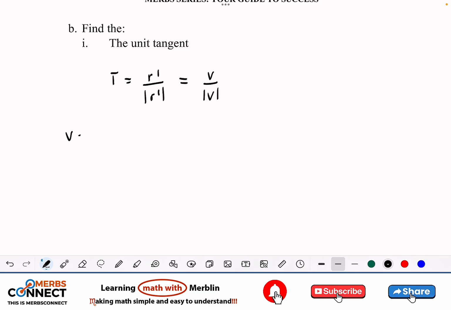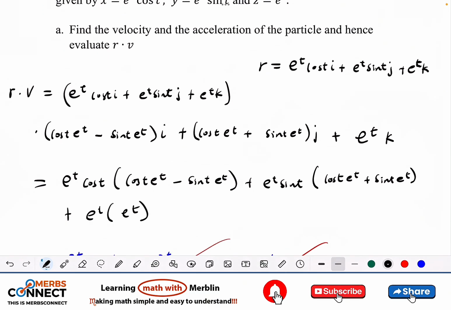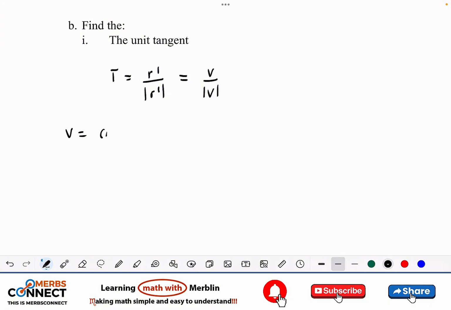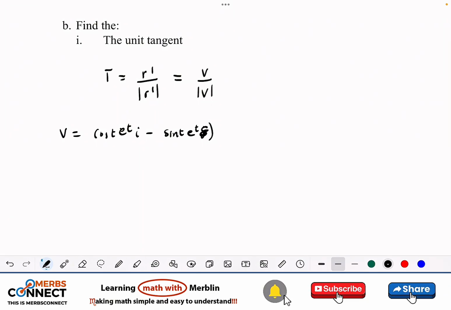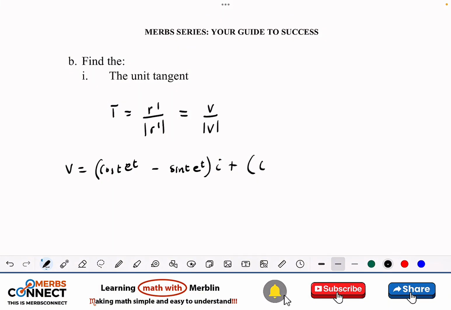And then we saw that the velocity is equal to cos t e^t i minus sin t e^t j, plus... this one was cos t e^t plus sin t e^t j plus e^t k.